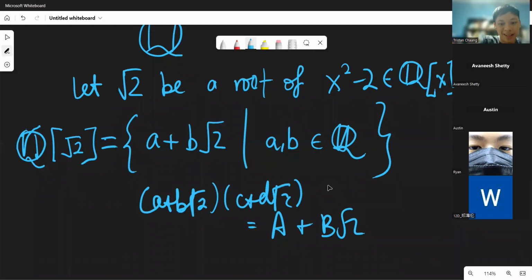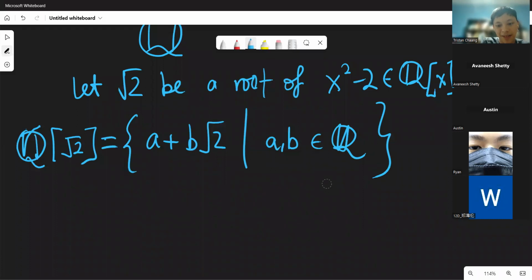Now, the most stringent property for a field to hold is the multiplicative inverse property. Does it hold for this? Can we talk about the inverse of a plus b square root 2? Does such a thing exist?